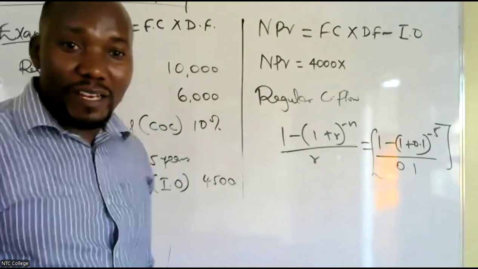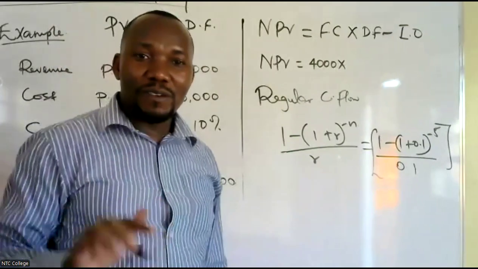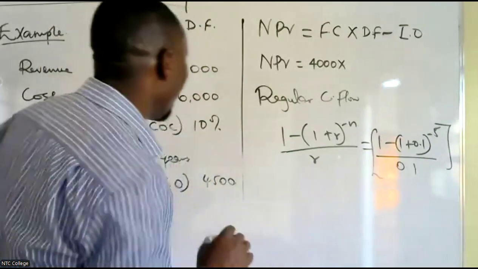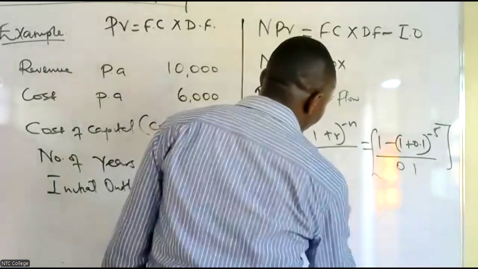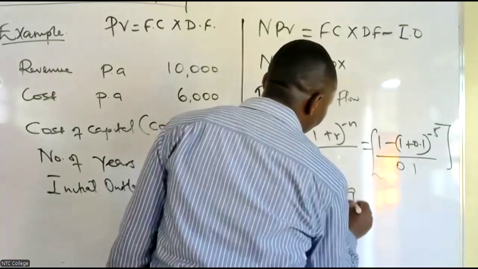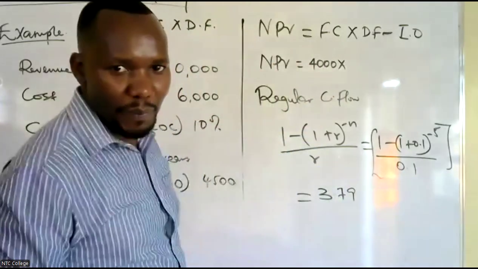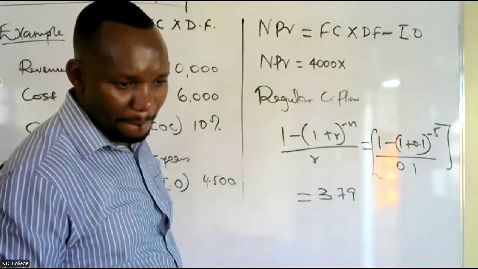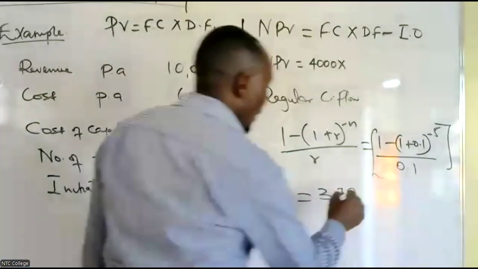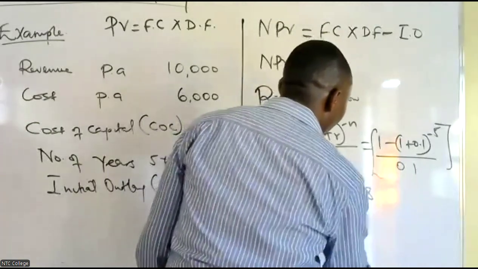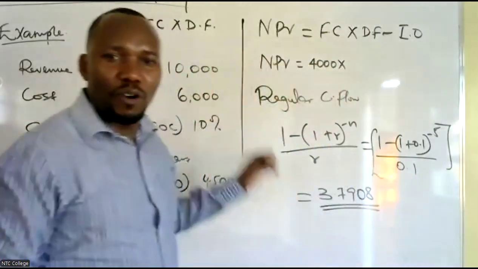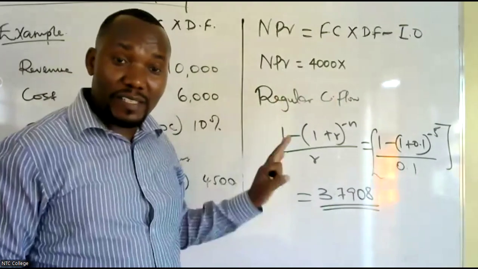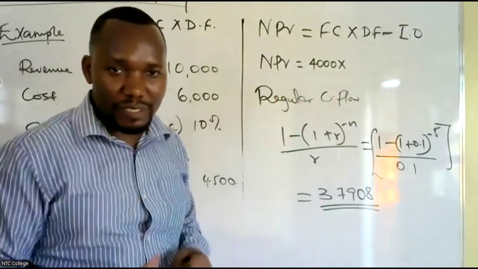Give me 4. We agree that with discounting factor, you have to give 4 decimal places. So give me the 4. 3.79. 3.790. 3.7908. Good. Please remember that when you are calculating, always give 4 decimal places. It makes you become more accurate.